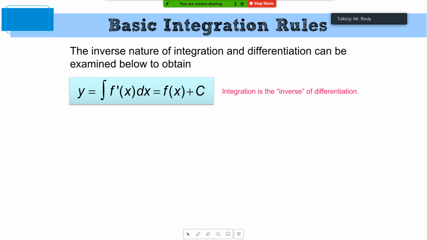Notice that there's a C at the end of this because the last thing I did here was take an antiderivative. I guess I keep forgetting you guys can't see when I point. This is a derivative. When I take the antiderivative of that, I end up back at the original function, but I have to have a plus C on there because I did this second.